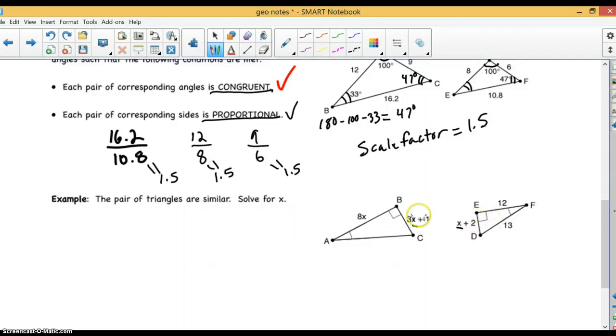So we know that BC is congruent to DE. So 3x plus 1 over x plus 2 is going to be equal to 8x over 12.